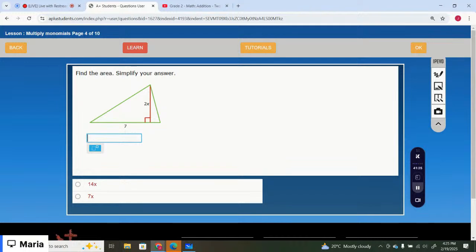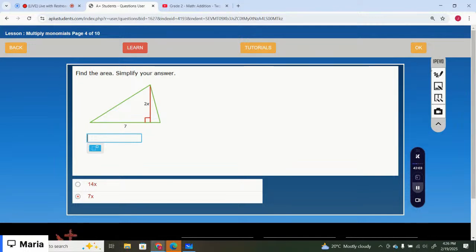Find the area. That is 7x. Option number 2 is the correct option.